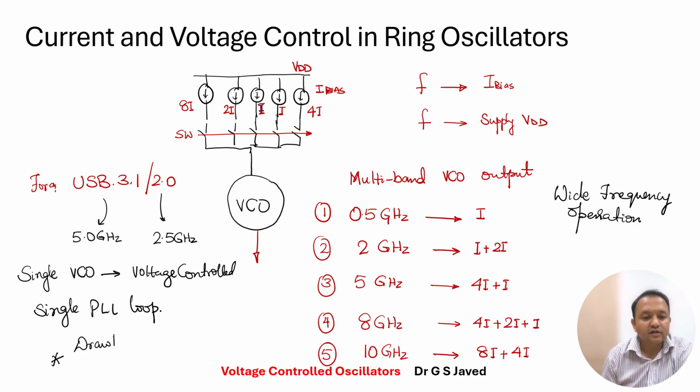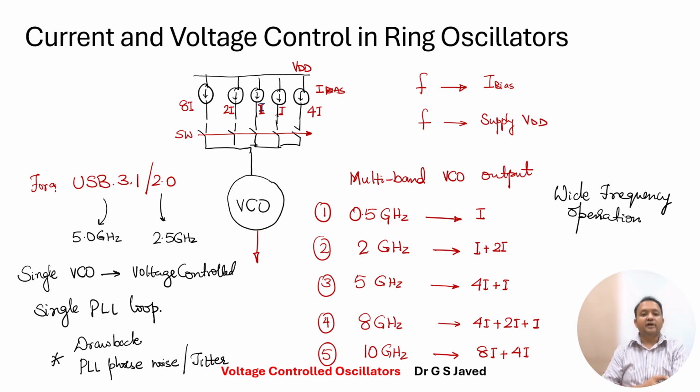One of the biggest drawbacks of using this is going to be your PLL phase noise or the jitter, which is going to be slightly larger compared to any other LC-PLL based implementation. I hope you have understood how current and voltage control happens in ring oscillators and how you can perform a wide frequency operation.